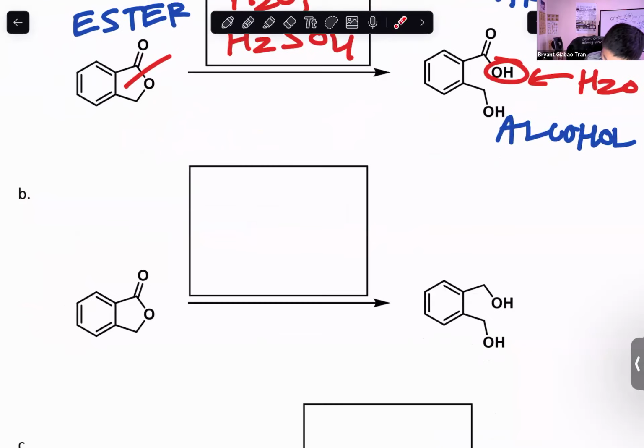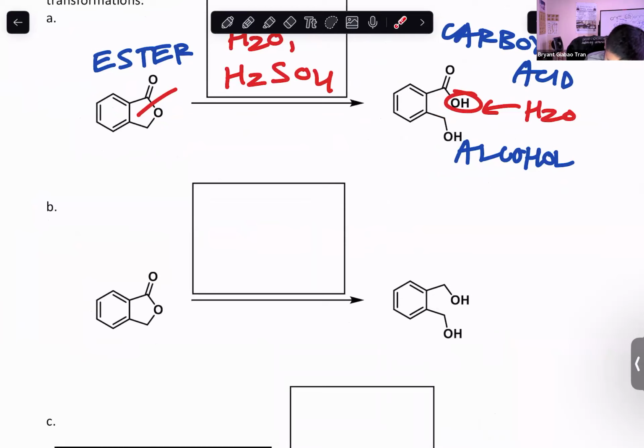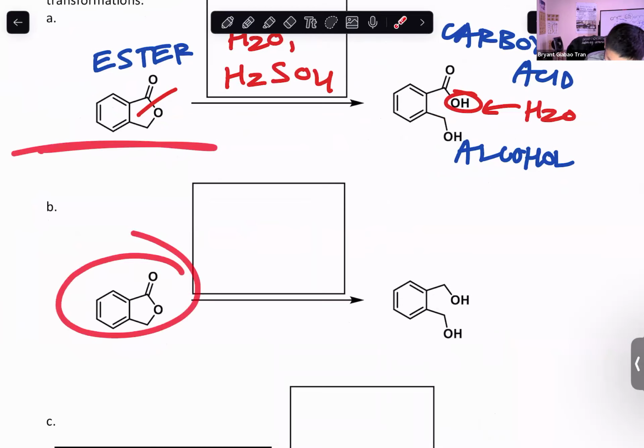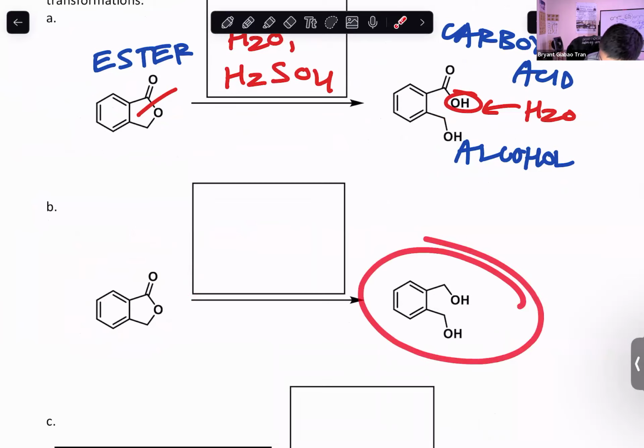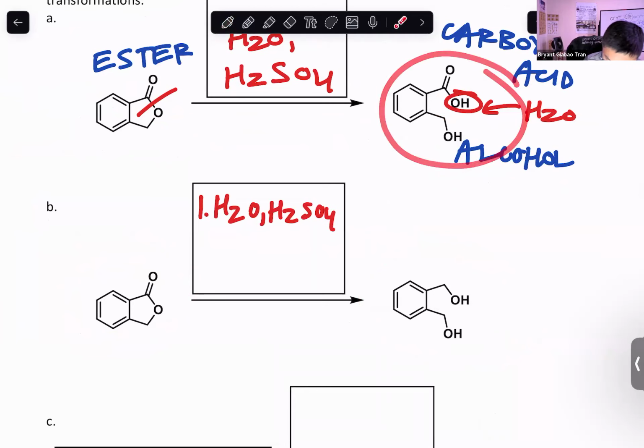Okay. So now looking at the next one right here, we see that we have the same reactant as the last example, that ester, and now we have two alcohols. So we could say the first step was hydrolysis, giving you this product right here.